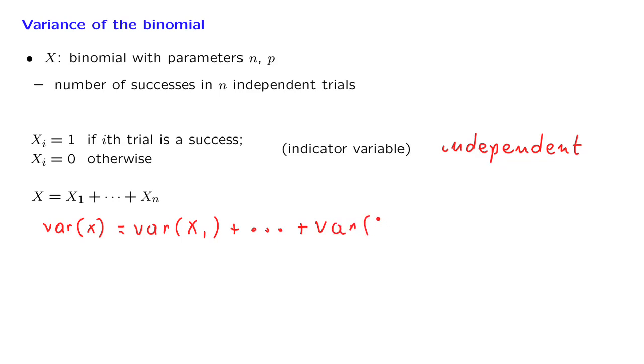Now, the Xi's all have the same distribution, so all these variances will be the same. It suffices to consider one of them. Now, X1 is a Bernoulli random variable with parameter p. We know what its variance is. It is p times 1 minus p. And therefore, this is the formula for the variance of a binomial random variable.